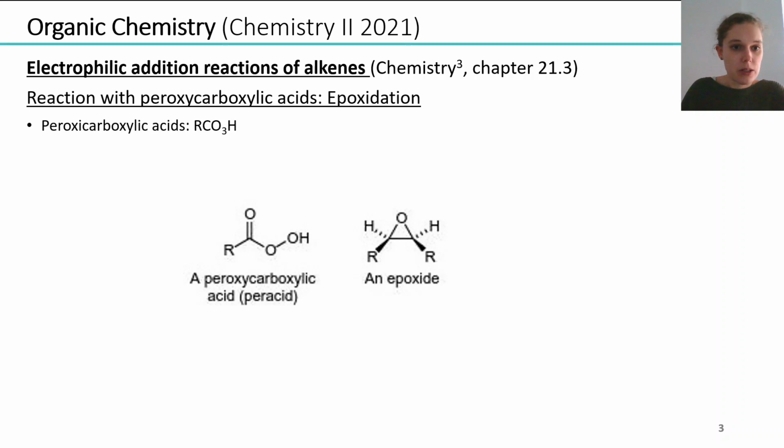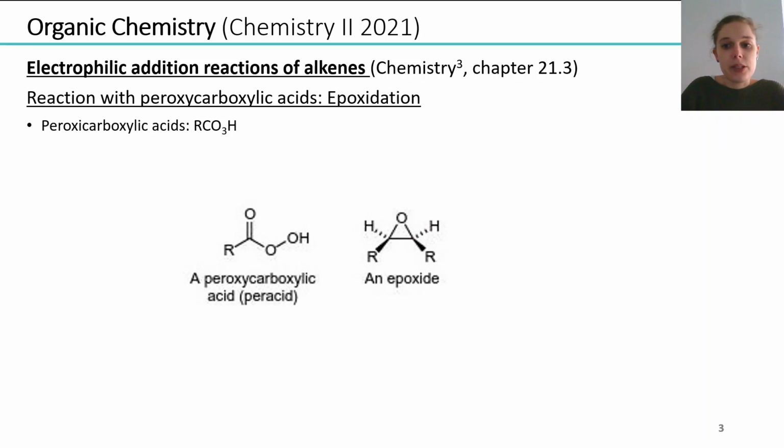So we talk about this oxygen atom here. This is the main structural unit, and the R group is not important for the structural unit of a peroxycarboxylic acid. An epoxide is then this 3-membered ring where we have 2 carbon atoms which are both connected to an oxygen.